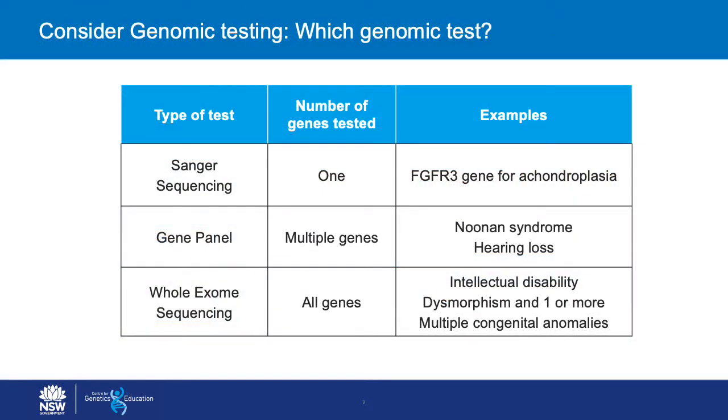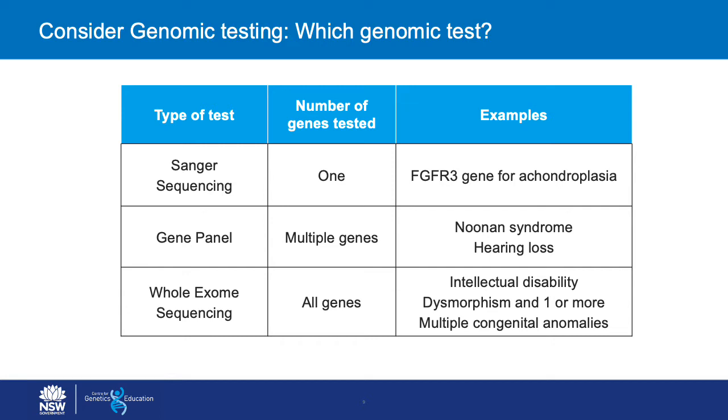So choosing which genomic test depends on the clinical presentation. We may only choose to sequence one gene. For example, in achondroplasia, the only gene causative of this condition is FGFR3, and we may request Sanger sequencing. However, other clinical presentations are associated with multiple genes. For example, Noonan syndrome, Marfan syndrome, and hearing loss.